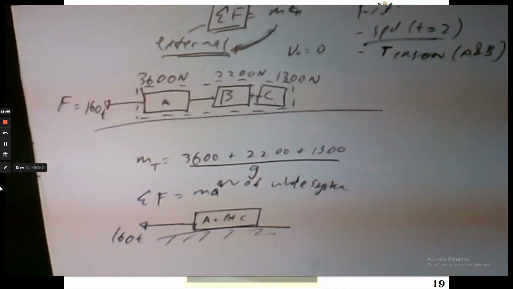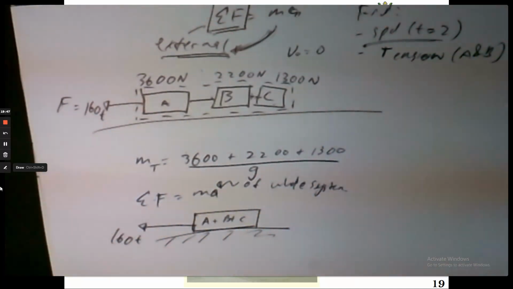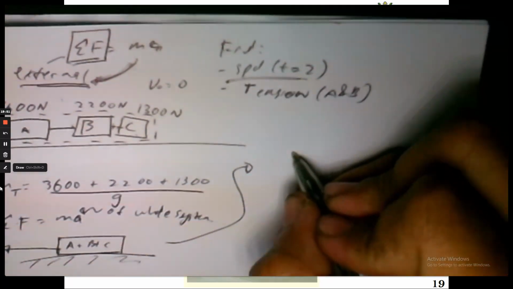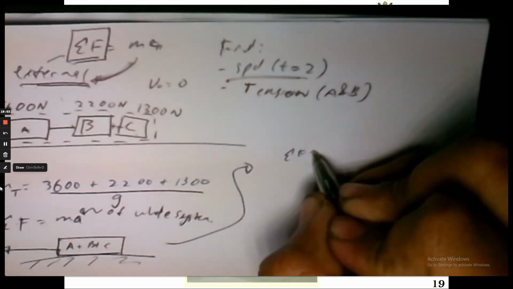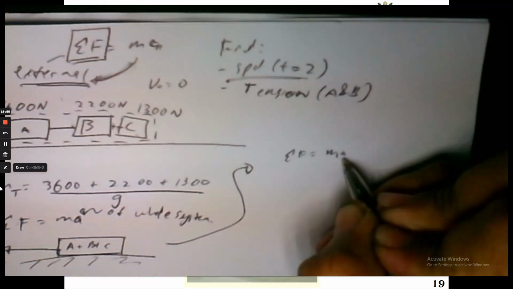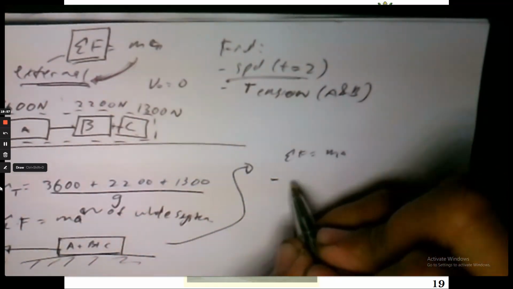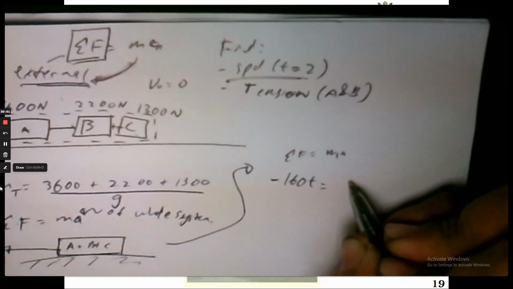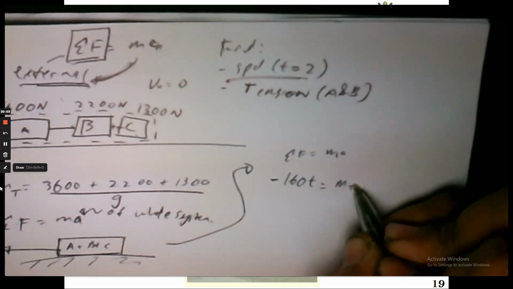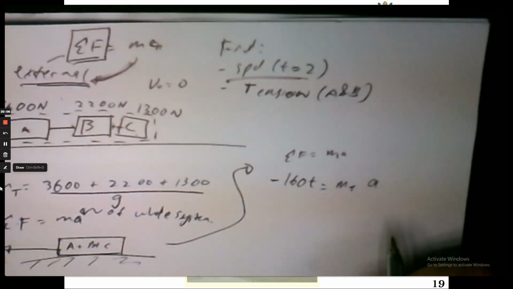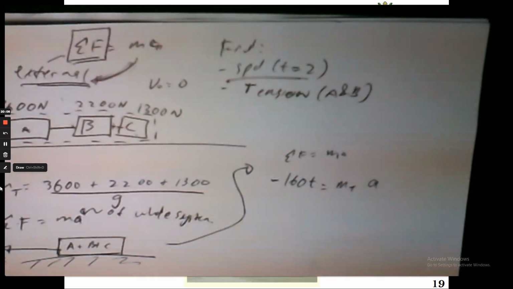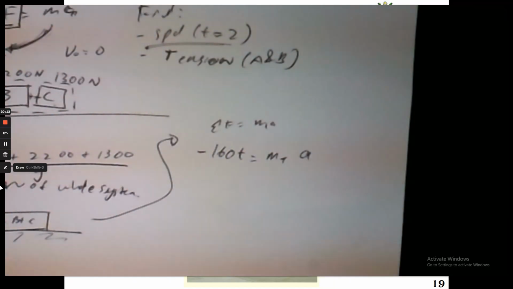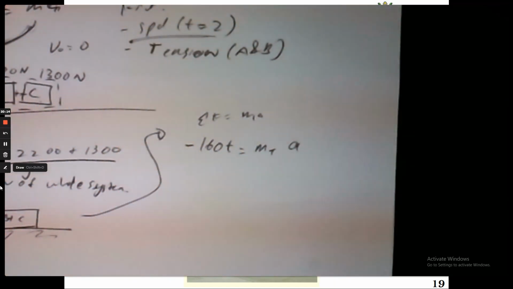Do we have anything else? I don't think so, right? So sum of force equals ma, so 160 t equals M total times a. That is your equation of motion.